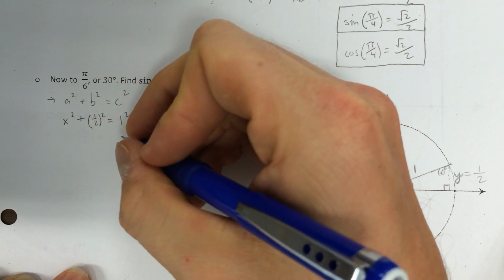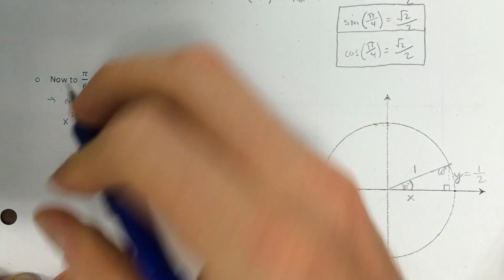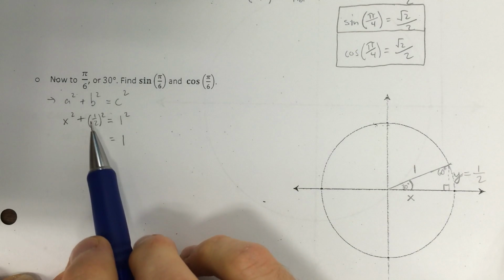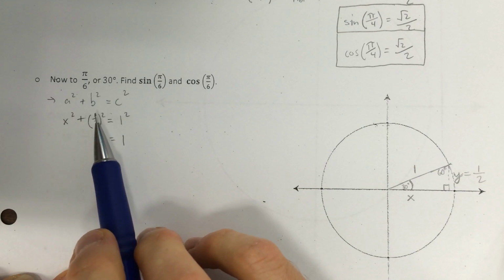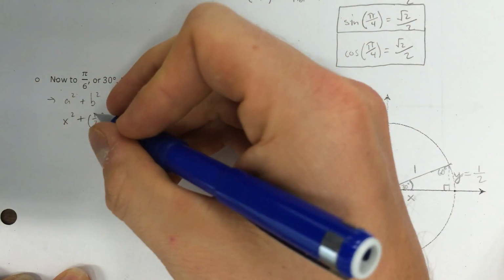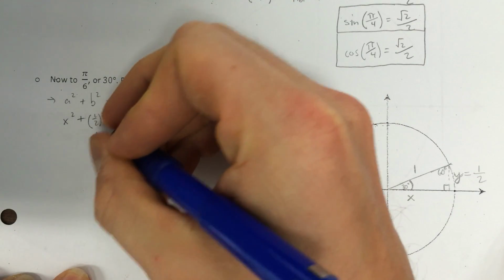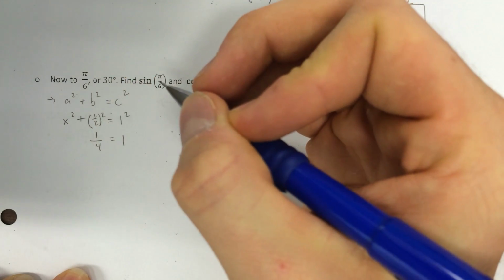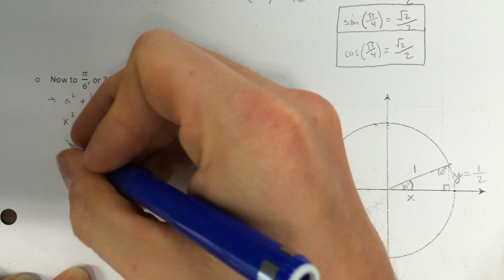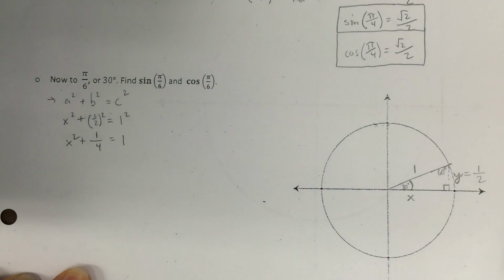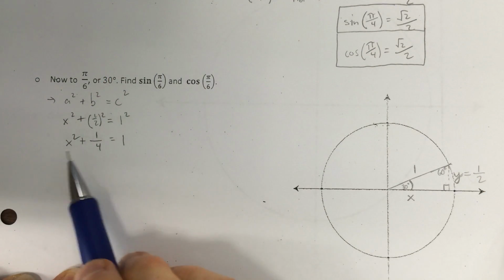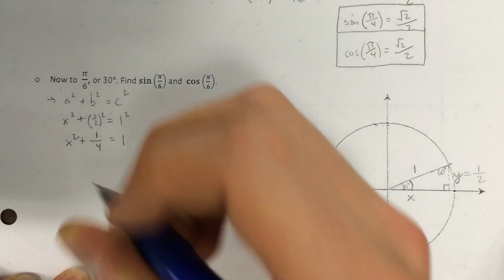1 squared, so that's going to be 1. 1/2 squared. So if we have a fraction and we're squaring it, we can actually square the numerator and denominator. So 1 squared would be 1, 2 squared would be 4, and then we have x squared. Now if we keep solving, we're trying to isolate the x squared term, so we need to move the 1/4.